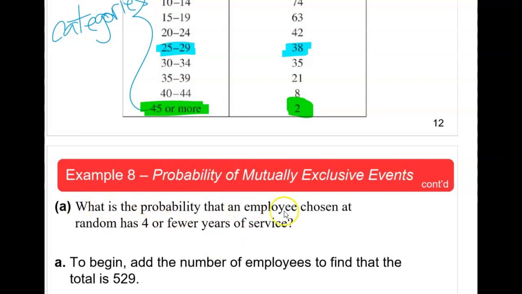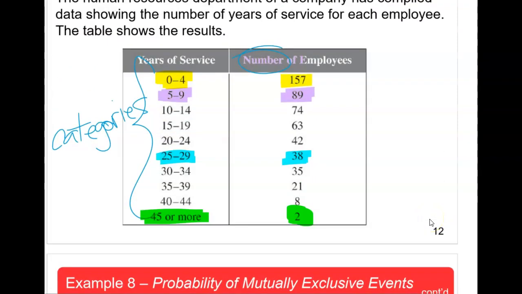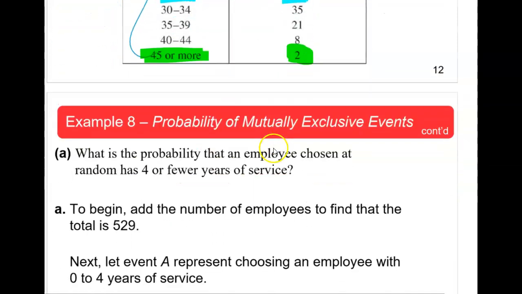So we have the first question here. What is the probability that an employee chosen at random has 4 or fewer years of service? So let's see. 4 or fewer will be the same as 4 or less. And for that question, we need the category from 0 to 4 years. And the number of those employees is 157.